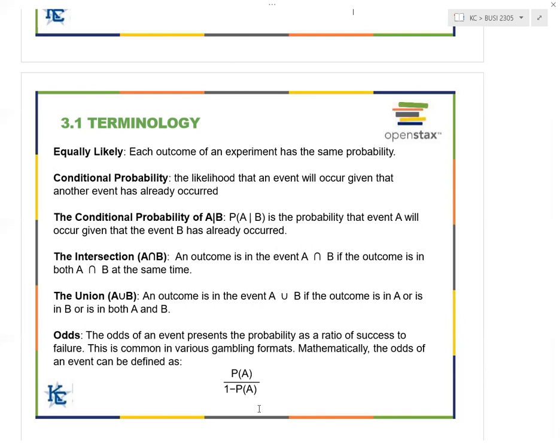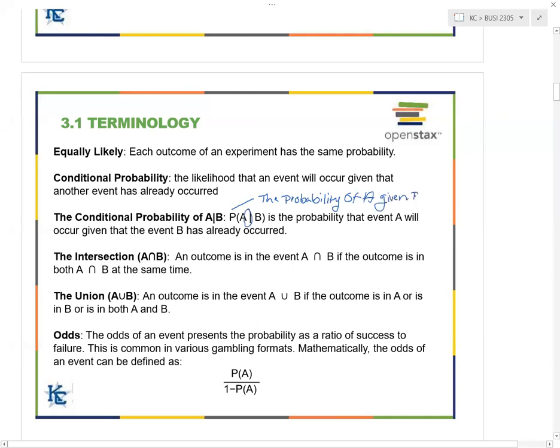This is read as the probability of A, and then this symbol right here means the word given, B. All this means is that if we already know B occurred, then what's the probability of getting A?